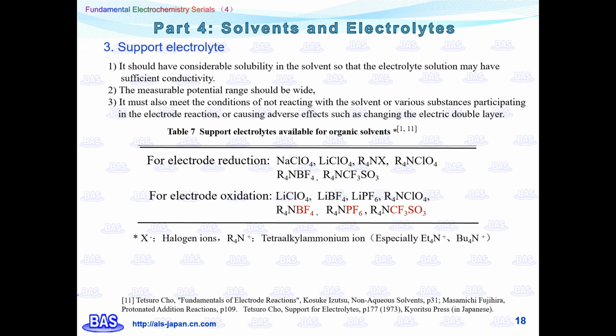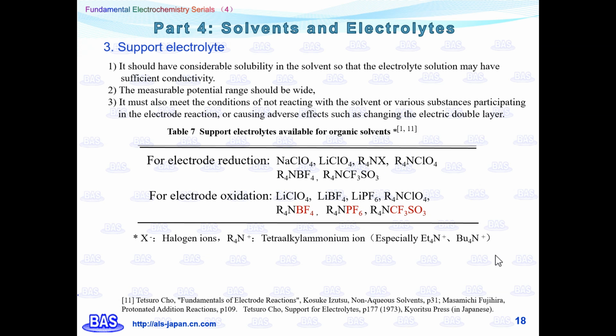Therefore, the variety of supporting electrolytes available for use in organic solvent is rather limited compared to those used in aqueous solutions. For details of the supporting electrolytes used in various solvents, please refer to references 1 and 11.